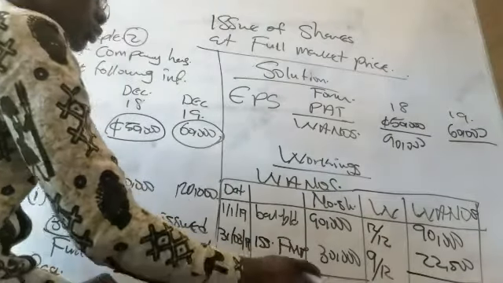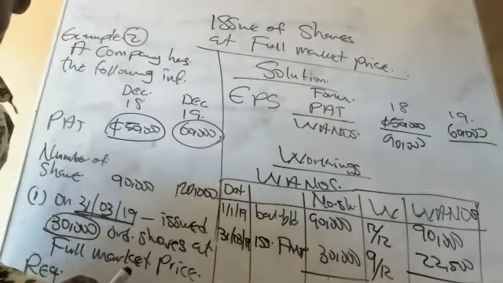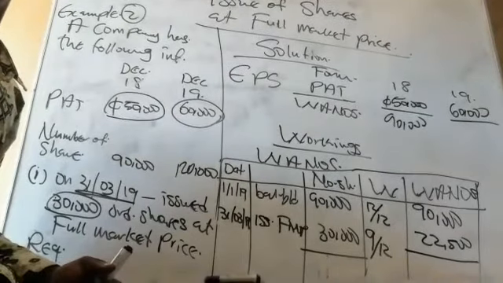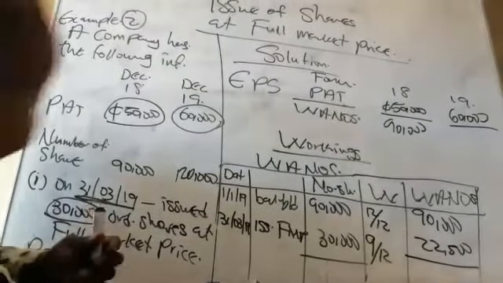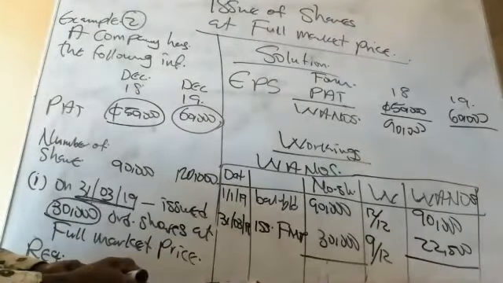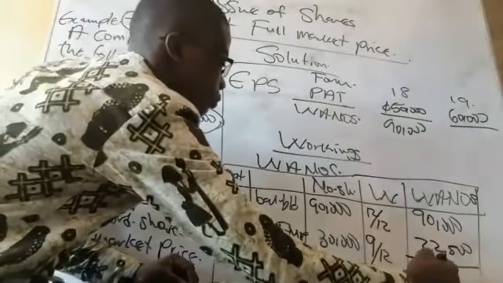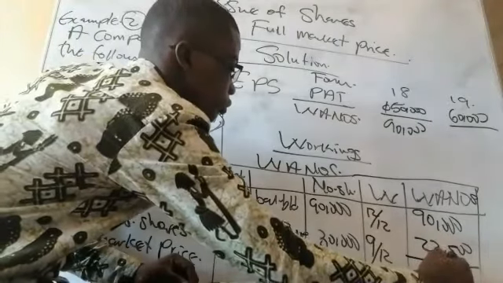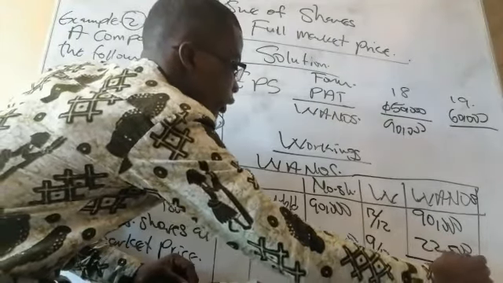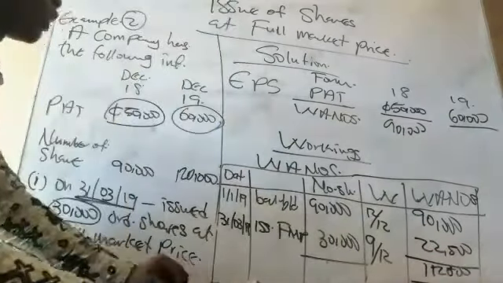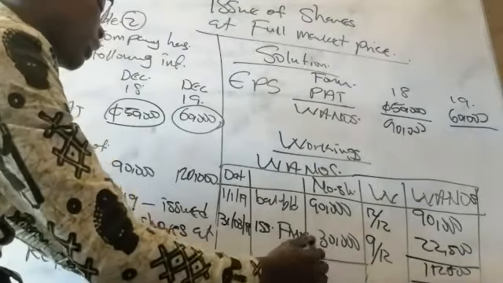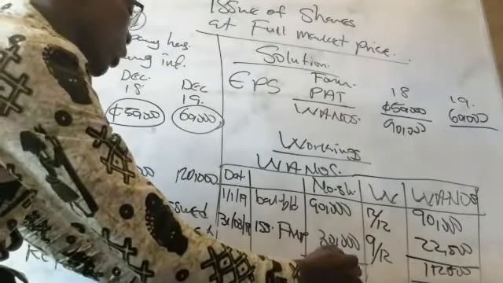So, let's go down a bit. Okay, good. So the total number of shares will be 112,500. That's the weighted average number of shares. But the outstanding shares will be 120,000.